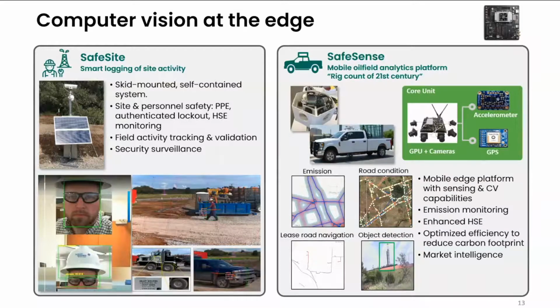By outfitting these trucks with relatively easy to install, low cost sensor kits with the GPU edge devices, we're able to collect some unique information that hasn't been collected before in a new manner, with very good temporal and spatial coverage. Some examples: we use sensors on the truck to monitor emissions, and to monitor road conditions along the way it has traveled.